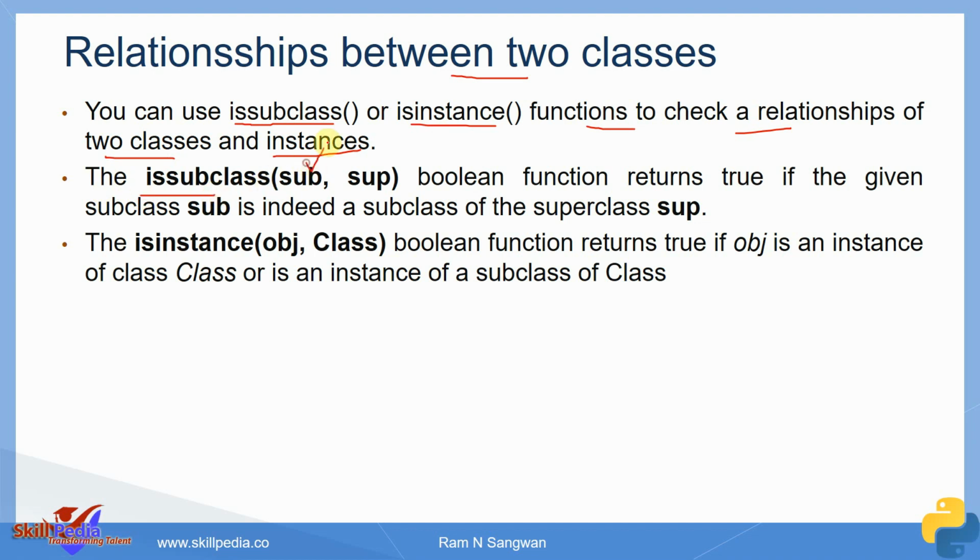You give the subclass name and superclass name. This function is a Boolean function. It returns true if the given subclass sub is indeed a subclass of the superclass super. The isinstance(object, class) Boolean function returns true if object is an instance of the class or is an instance of a subclass of the class.